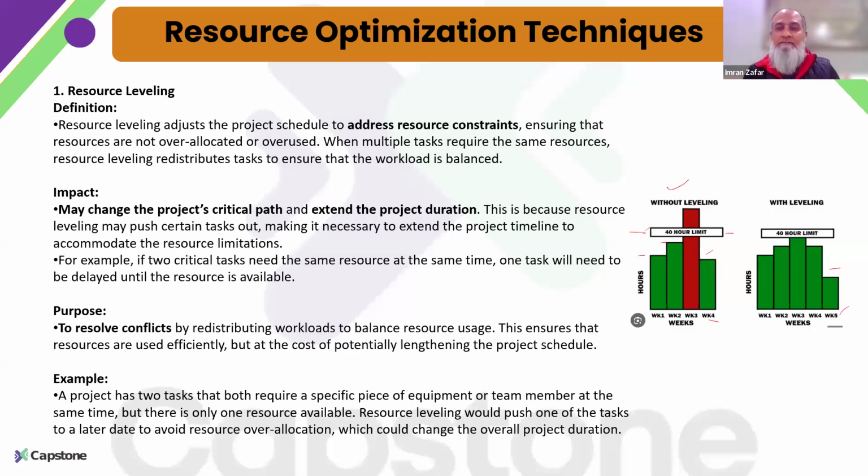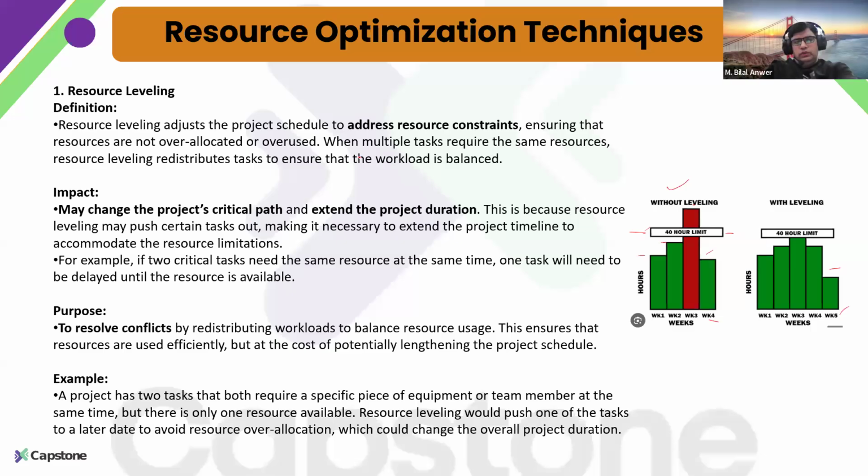This can also happen in scenarios where you need the same resource in different weeks or for different tasks. In that scenario, we need to utilize resource leveling to make sure that the resource is available for all the activities, and I may need to expand my schedule a bit.